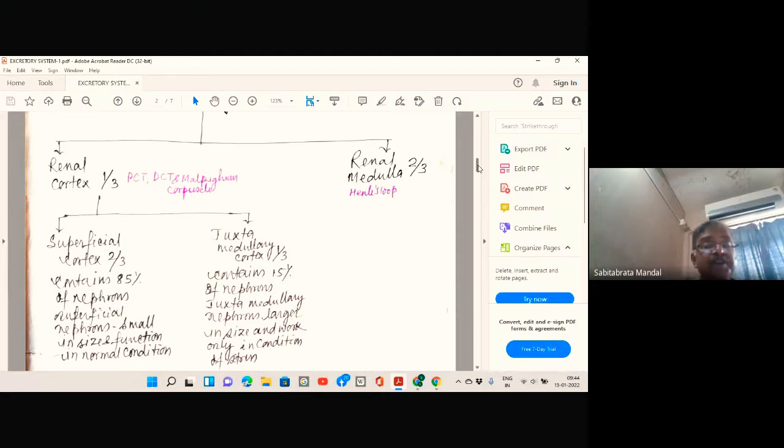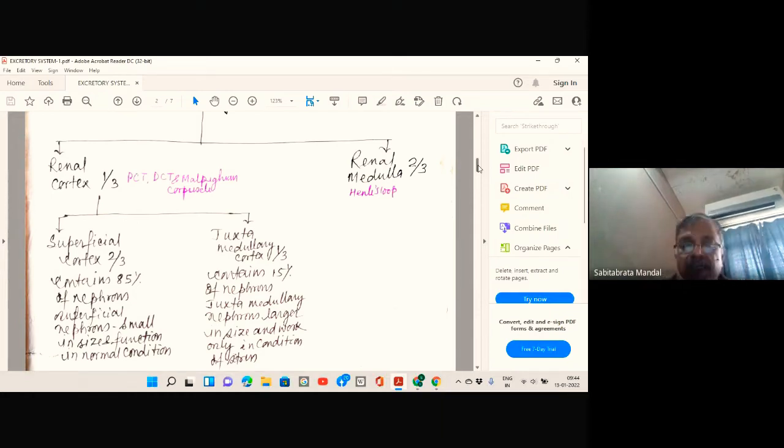Now, there is another point which we have to remember. In this superficial cortex, the nephrons which are present are small in size and function in normal condition. And in the juxtamedullary cortex, you will find some larger nephrons which only work in case of emergency.